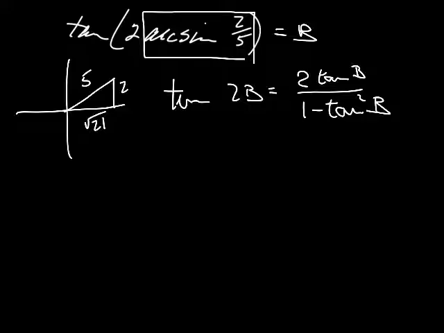So, since the arc sine of 2/5 is B, then the sine of B equals 2/5. So, the sine of some angle is 2/5.